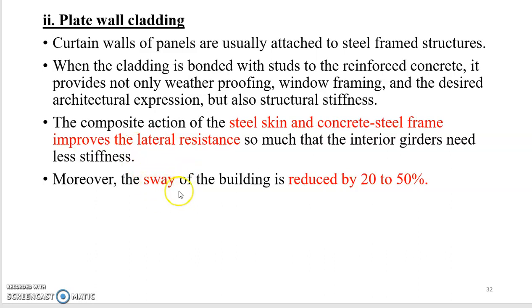That is known as swaying of the building. So this is considerably reduced by using this method because the steel frames are themselves very strong. When combined with other panels, maybe made of wood or concrete, it will considerably reduce the sway of the building.